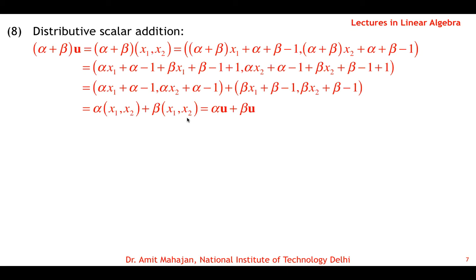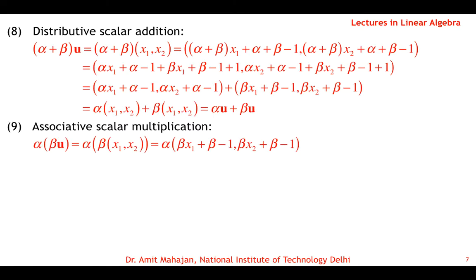Now the ninth property is the associative scalar multiplication, that alpha times beta u is alpha beta times u. So again we start with the left hand side, alpha times beta times u, where u is (x1, x2). First use beta times (x1, x2), so scalar times first element plus scalar minus 1, scalar times second element plus scalar minus 1, and then again it is a scalar times one element, comma, second element.